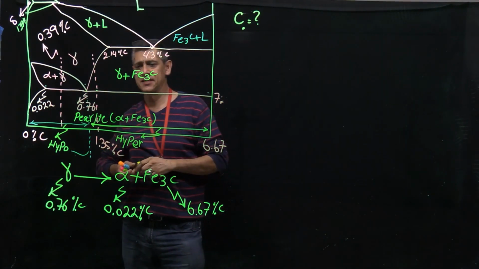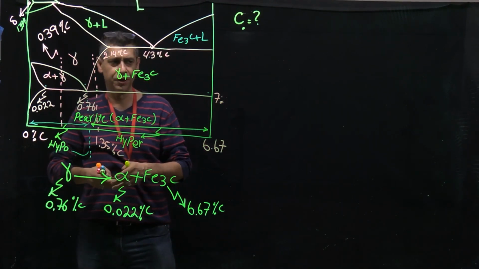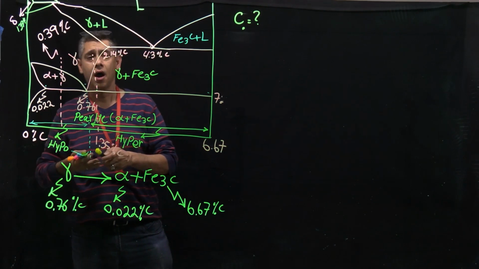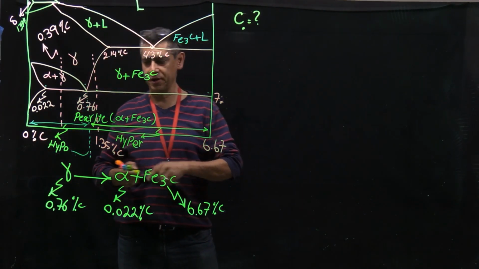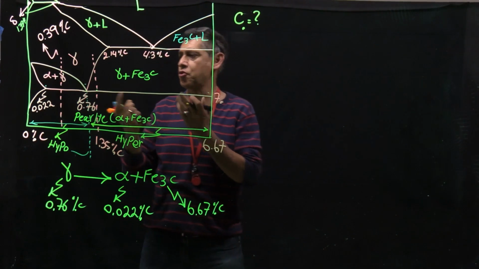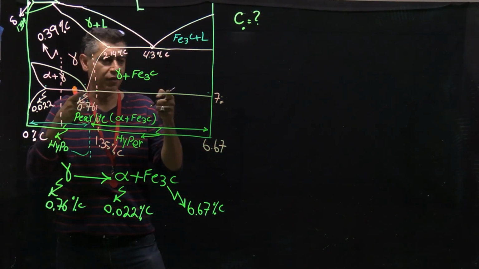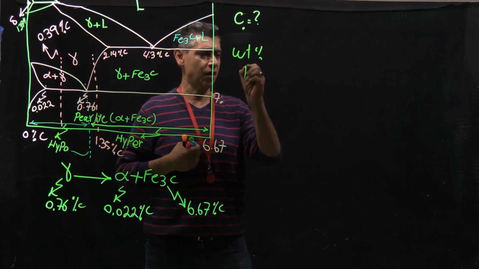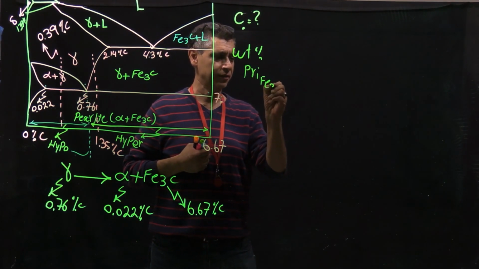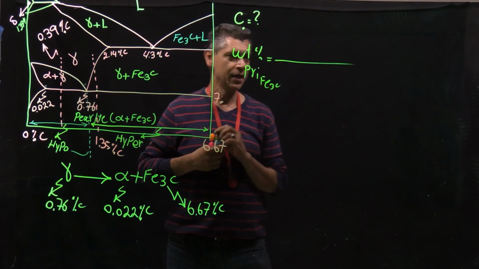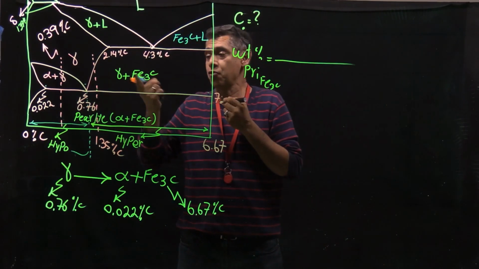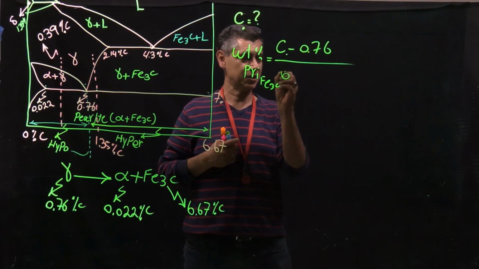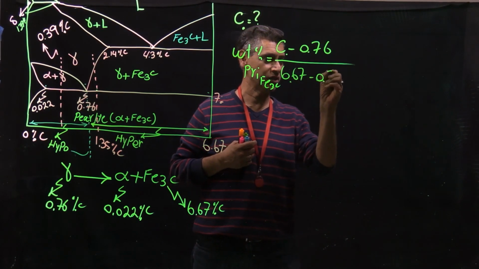Now, here is the case that I'm in hyper, I reduce the carbon content by half, and I become hypo. Assuming I'm in hyper, what is the primary phase? Primary phase is this guy divided by the whole thing. So the weight percent of primary cementite, I'm in hyper, is equal to C sub 0 minus 0.76 divided by 6.67 minus 0.76.